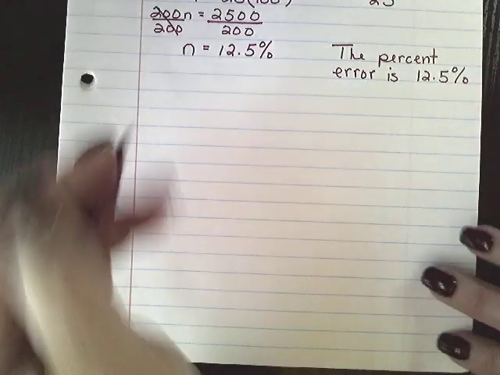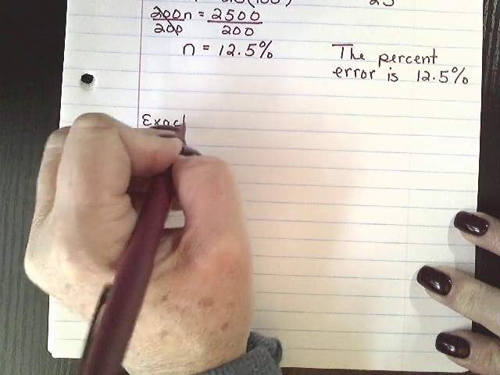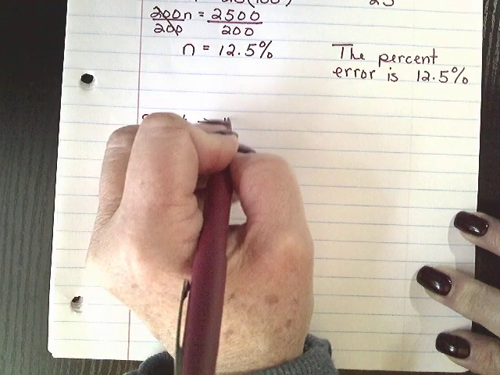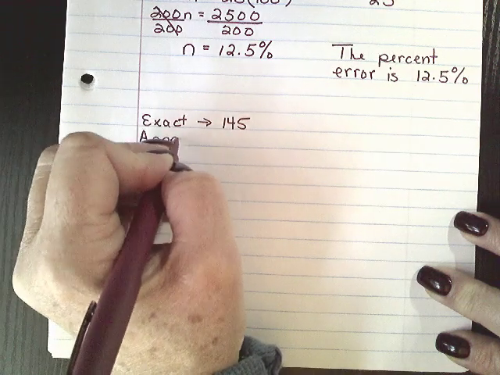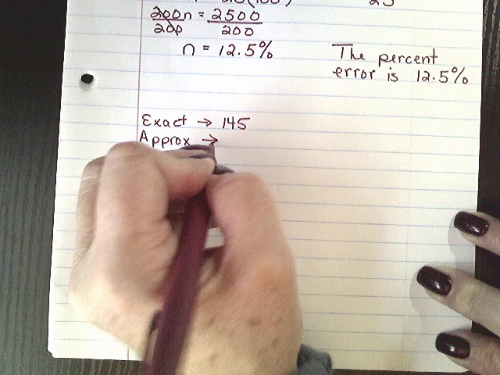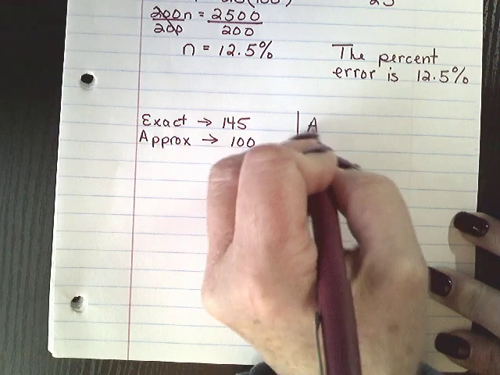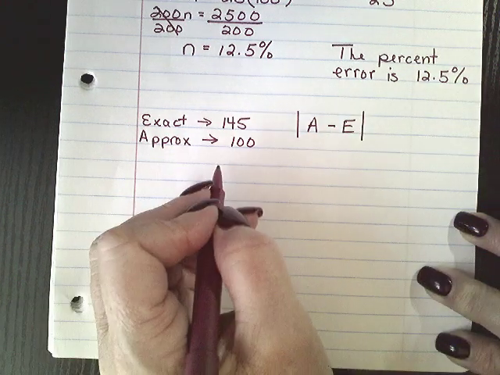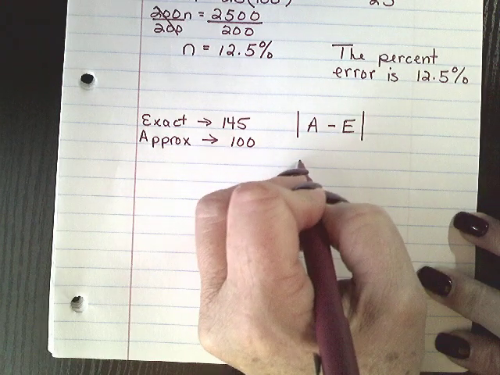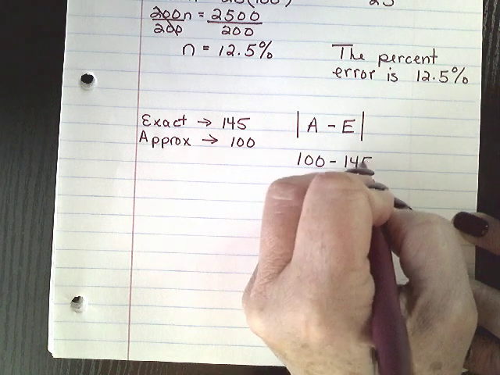Okay? We have exact of 145, and we have approximate of 100. So I'm going to do my approximate minus my exact, the absolute value. The approximate would be 100 minus 145.